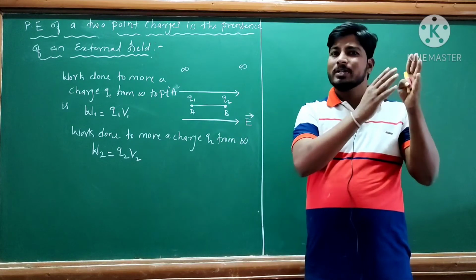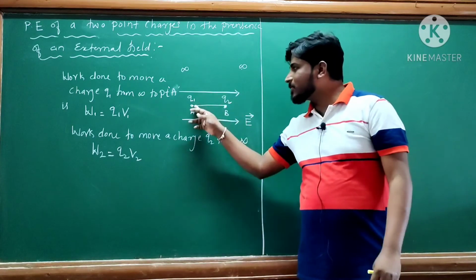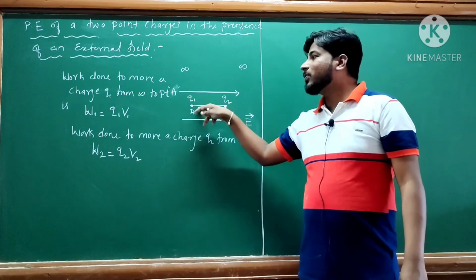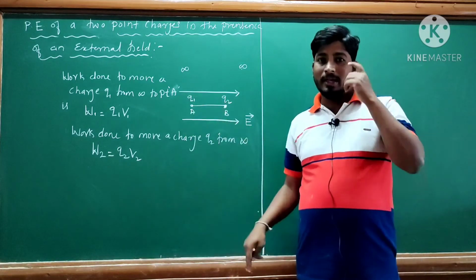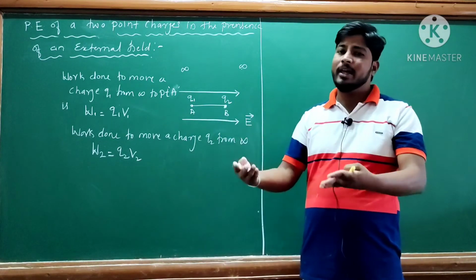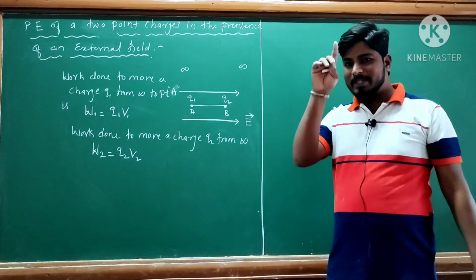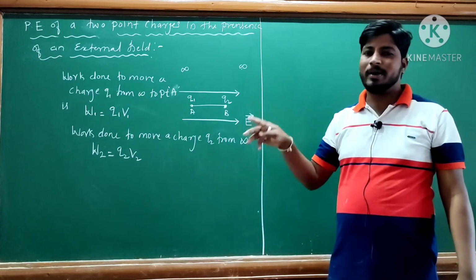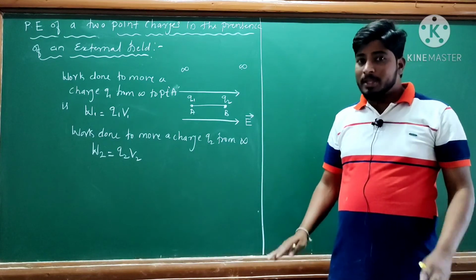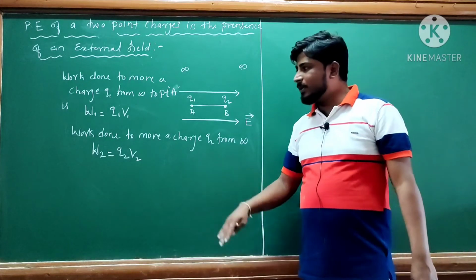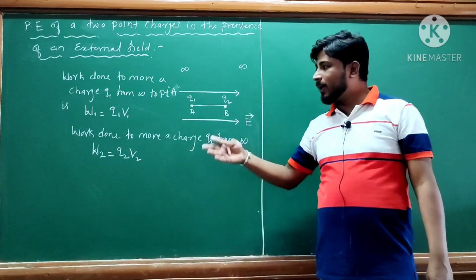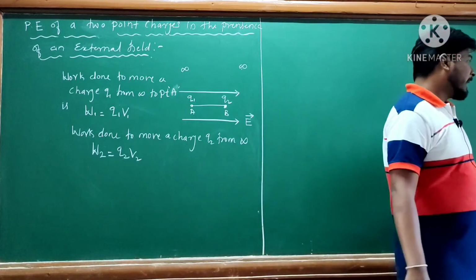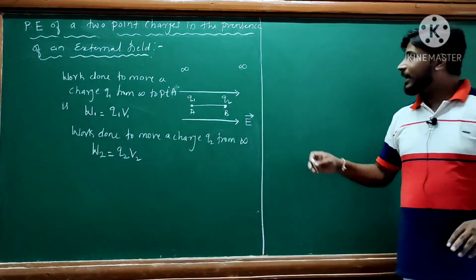Because already there is a charge Q1, and due to this charge it has some potential, V is equal to 1 by 4 pi epsilon naught Q by R.